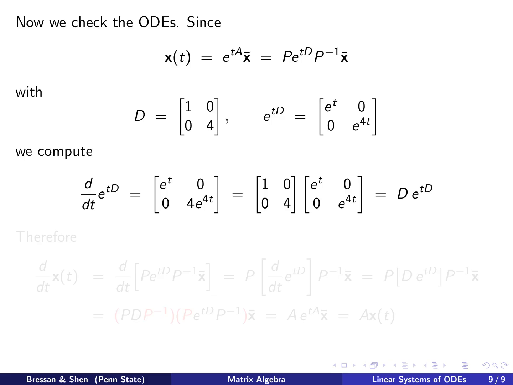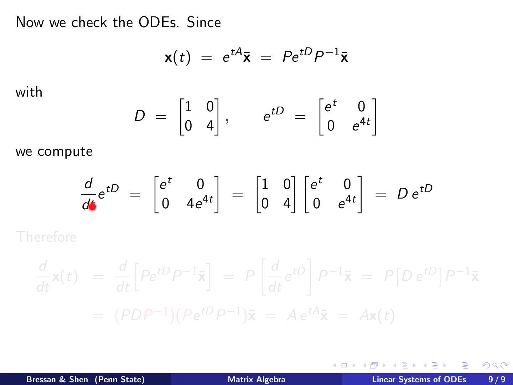Then we can compute the derivative d over dt of this exponential term, because note that in this solution here, everything is constant except this e to the tD, which is a function of t. The others are constant in time.